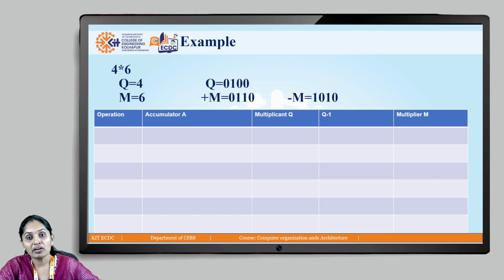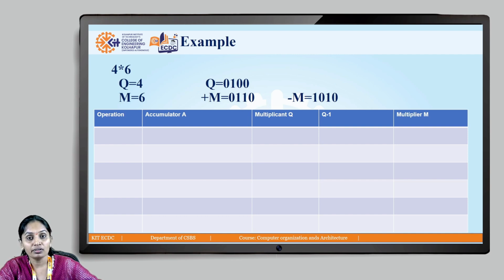Now for performing the operation, we need the minus M value also. How will we calculate the minus M value? As everyone knows, in digital we do the minus operation by using 2's complement, right? So we will take the 2's complement of plus 6. We start from the rightmost side.